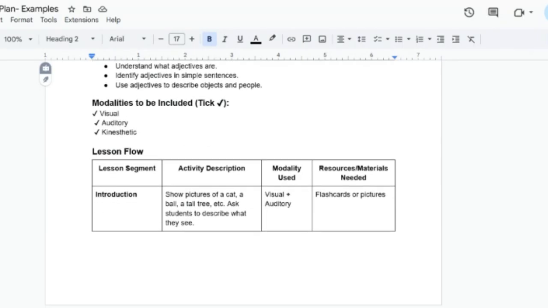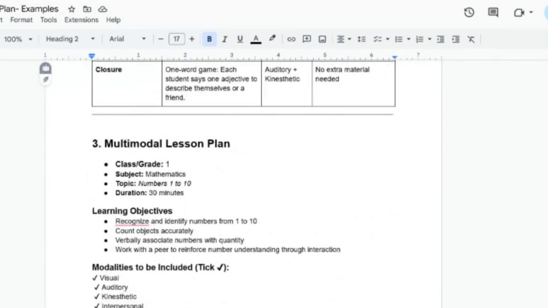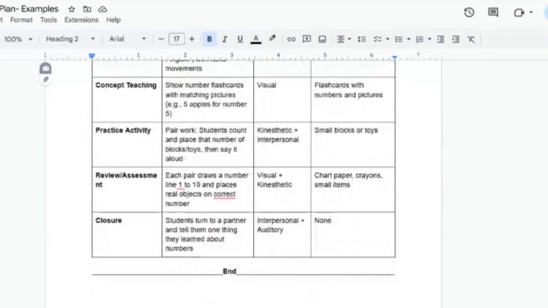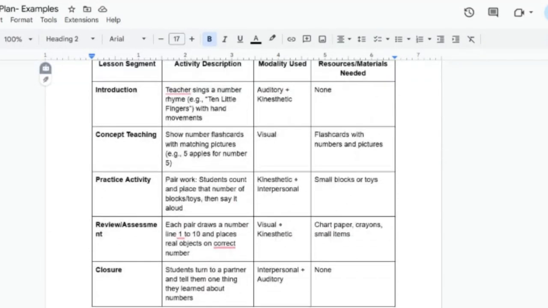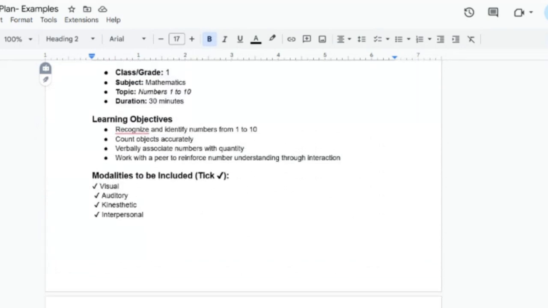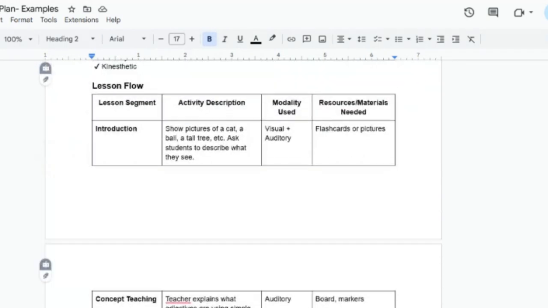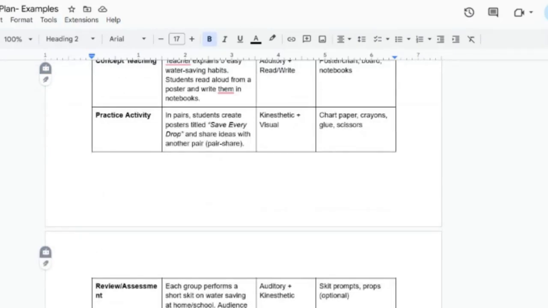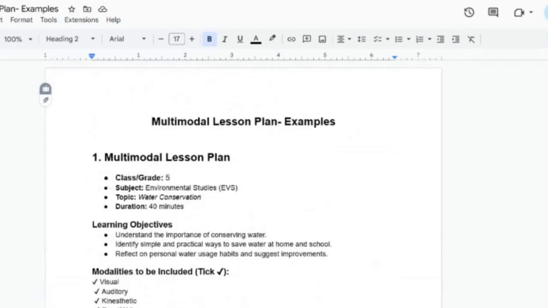A sample is there. And in the same way, I have given an example for grade 1, which is a mathematics multimodal lesson plan. You can refer to this and design your own lesson plan accordingly, and implement it in the classroom. So this will help you prepare your lesson in advance and include all different modalities of teaching in your classroom.